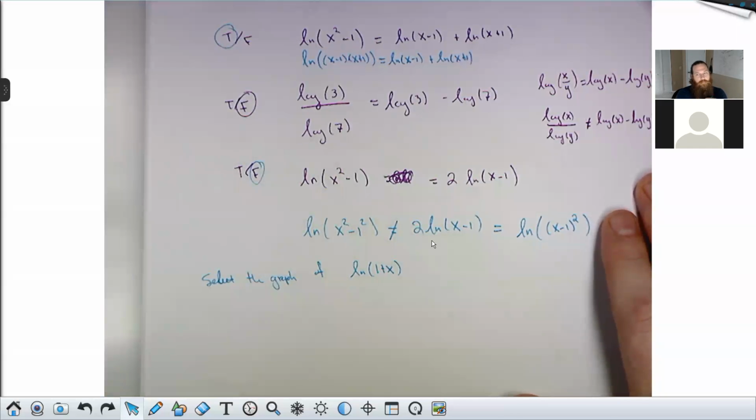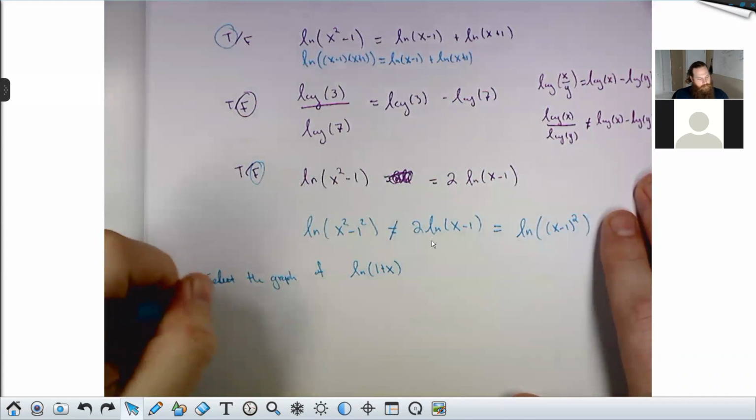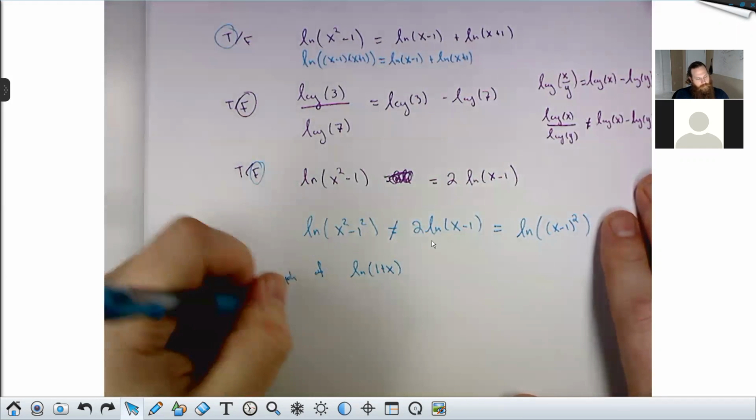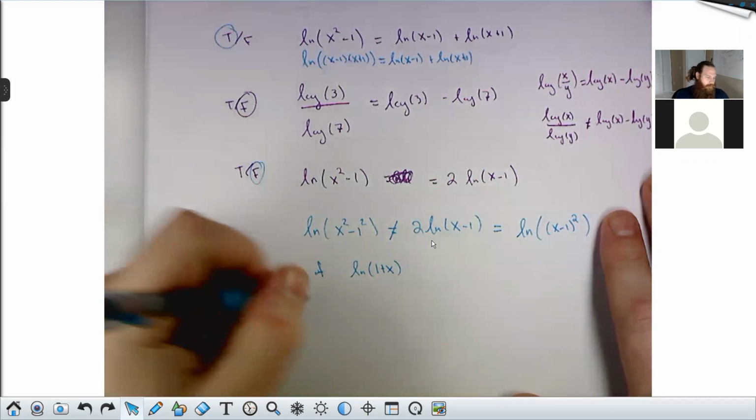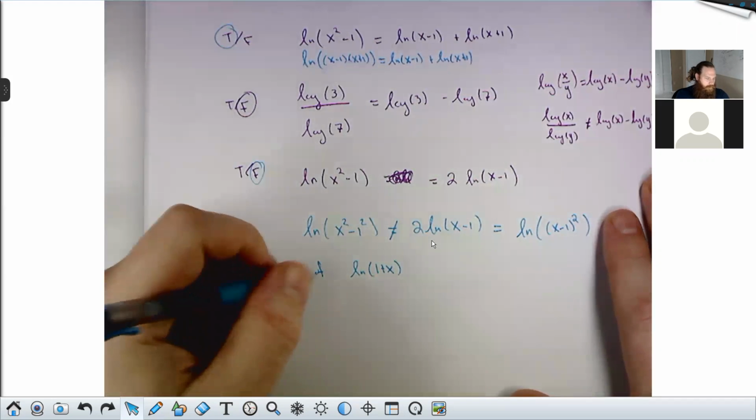You just plug in a bunch of x values? No, I would think of this as a transformation. Wait, does that say 11x or 1 plus x? 1 plus x. Oh, I thought it said 11x. Sorry. No, that's okay.